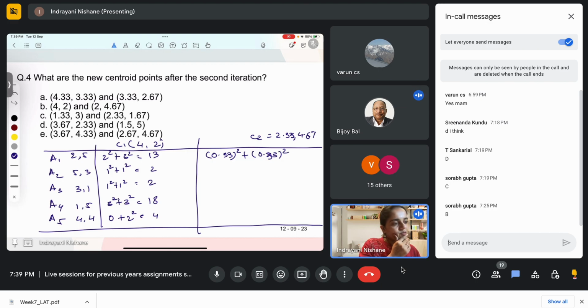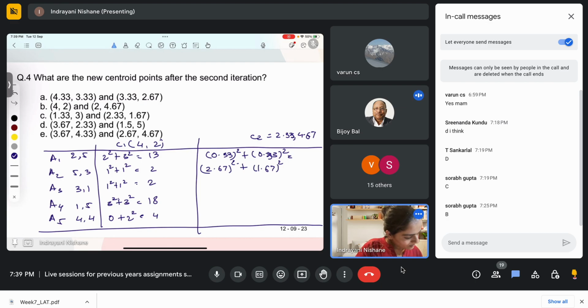It will be again 0.33. Then 2.67 plus 1.67 square.